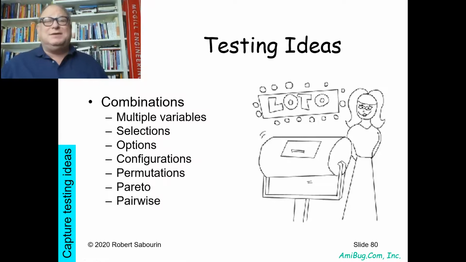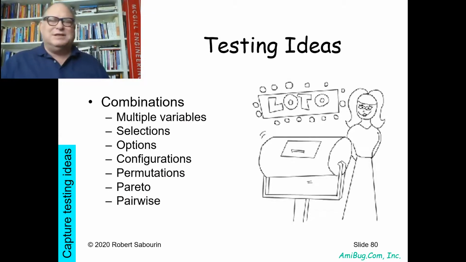There's test ideas just with the world of combinations, right? As soon as you have multiple variables and each variable has multiple options, you start looking at how many possible combinations, how many possible permutations there are, and these numbers explode. They just grow so big, so fast, it's outrageous.